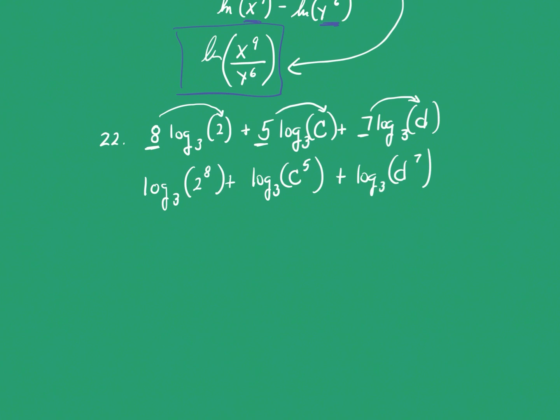Okay, and now I have plus signs here, so this is really nice. So I can use my logarithm of a product property, and so this is just going to be log base 3 of 2 to the 8th times c to the 5th times d to the 7th.